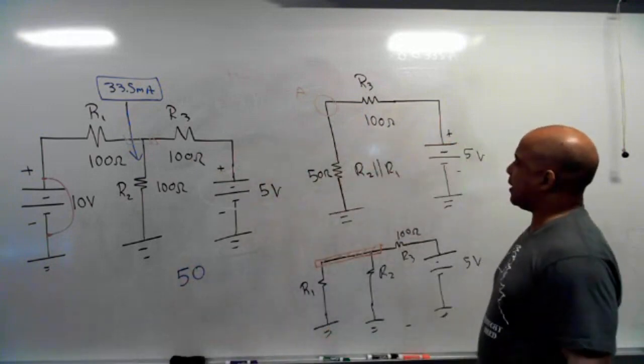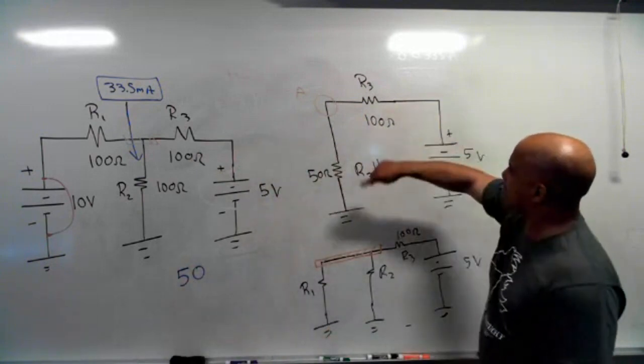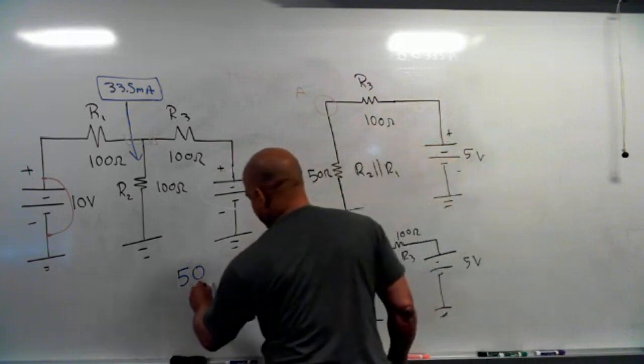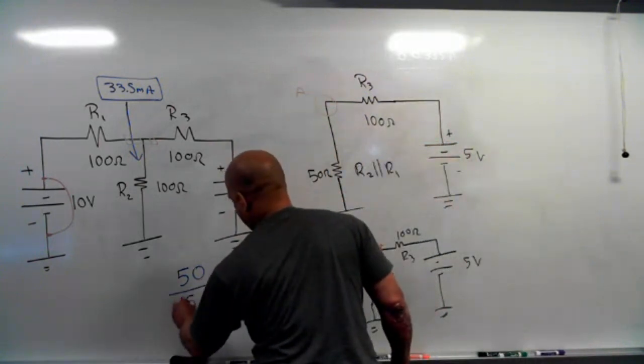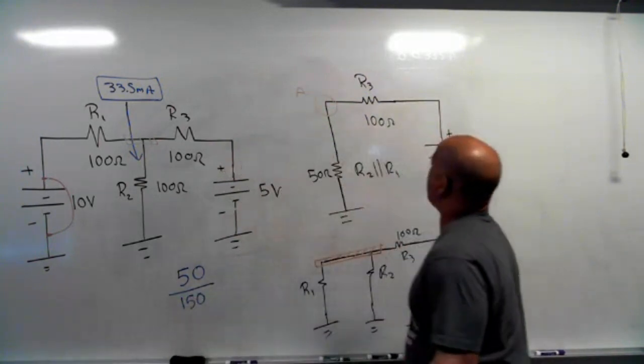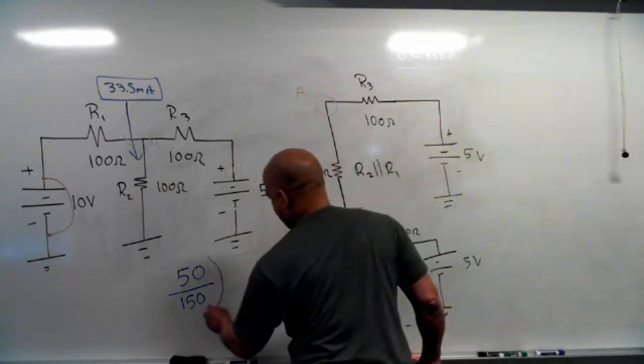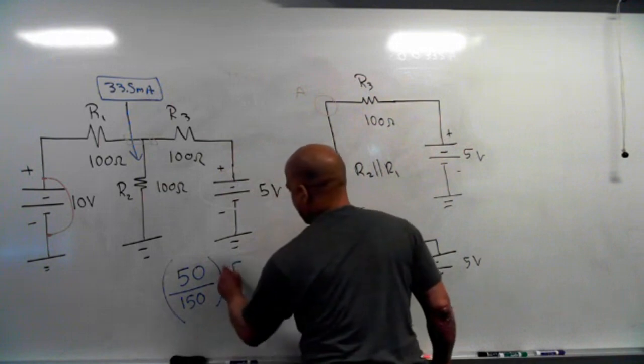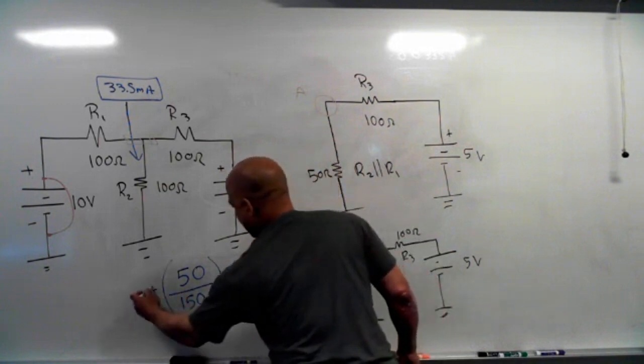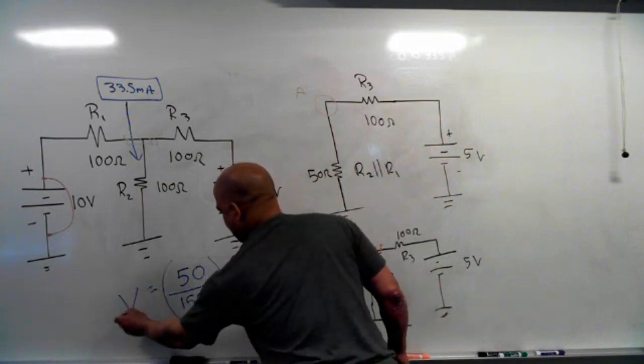Then I divide that by the total resistance in the circuit, I get 150. And I multiply that fraction by the total voltage. And that'll give me the voltage I'm looking for.